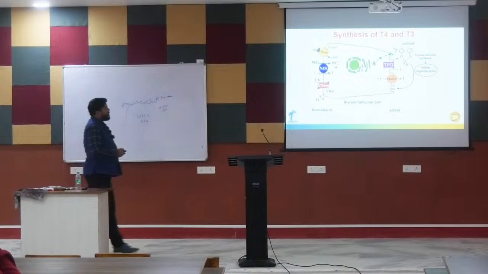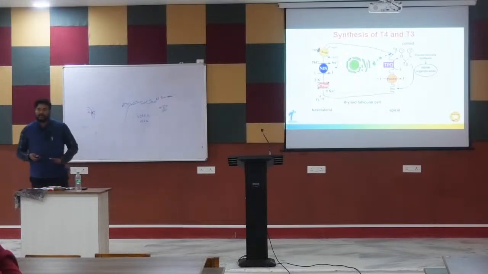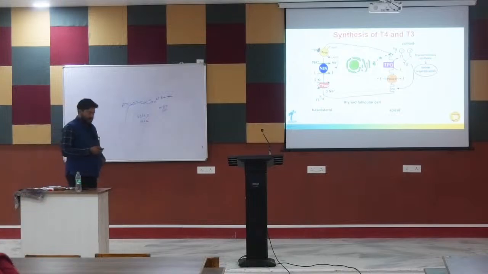See, so this is the sodium iodide symporter. Iodide enters into the cell with the help of sodium. This iodide is now transported into the colloid with the help of one molecule, the pendrin molecule. Okay. What is the clinical importance of this pendrin molecule?